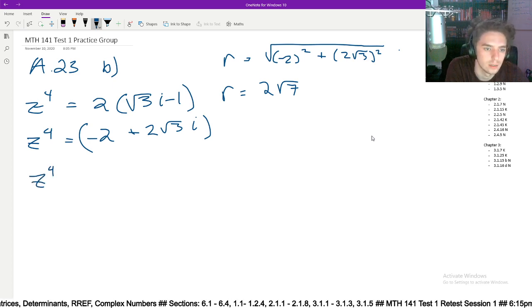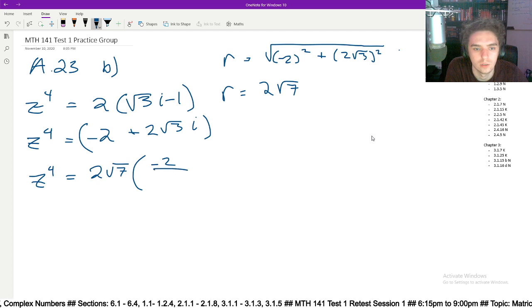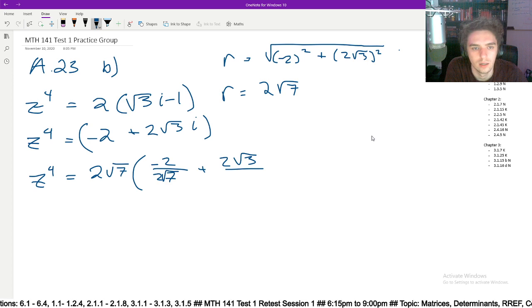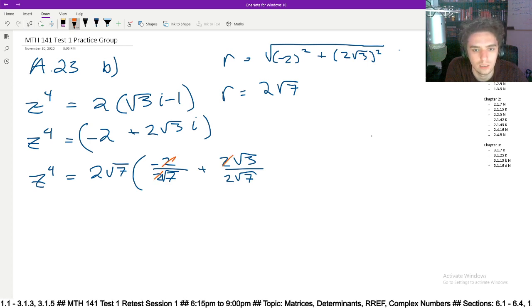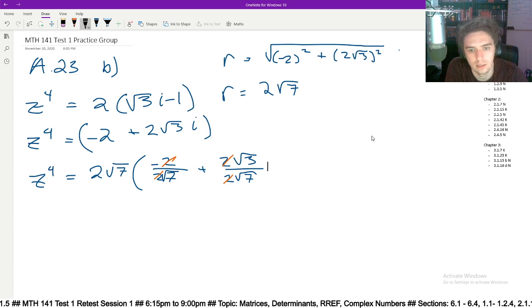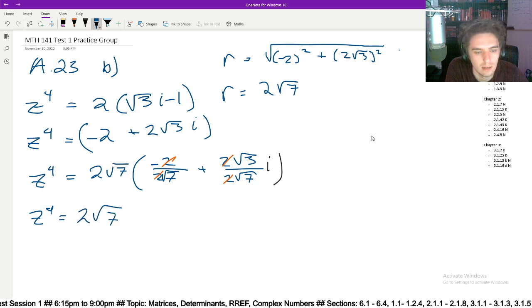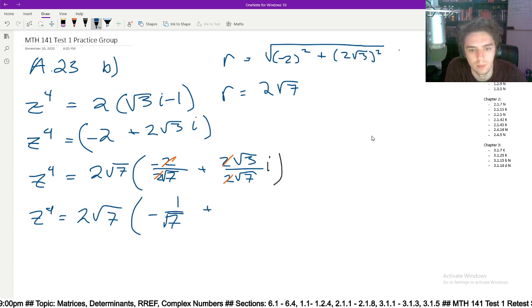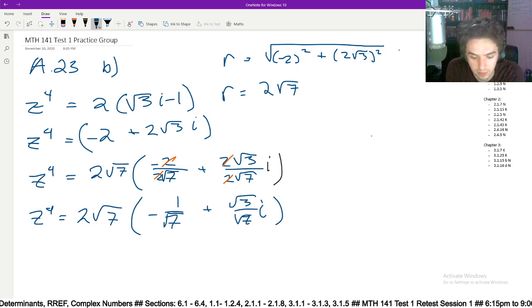So Z to the power of 4 equals negative 2 over 2 root 7 plus 2 root 3 over 2 root 7 I, times 2 root 7. So the 2's cancel: Z to the power of 4 equals 2 root 7 times negative 1 over root 7 plus root 3 over root 7 I. And I have a feeling I'm going to run into some trouble here because that doesn't look right.